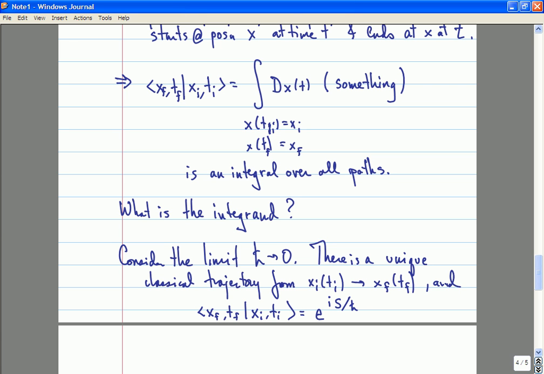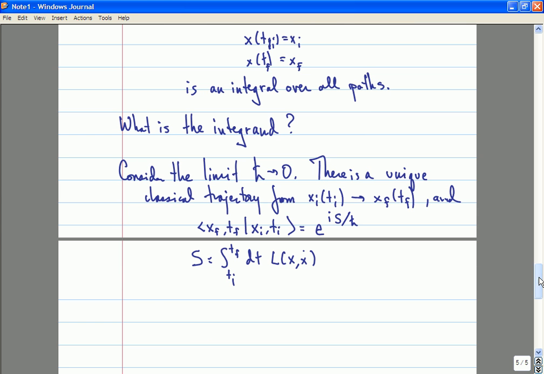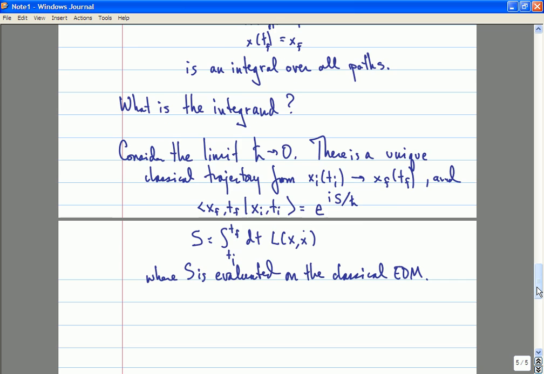So S is the integral from t initial to t final dt of the Lagrangian, regarded as evaluated on the solution to the classical equations of motion. So where S is evaluated on the classical equation of motion, and what is the definition of the classical equation of motion from the action point of view?